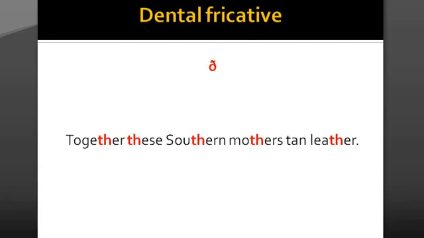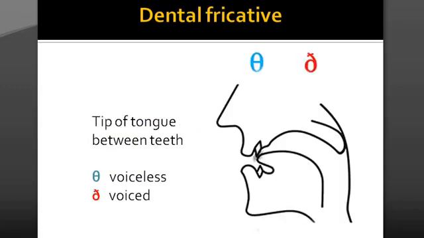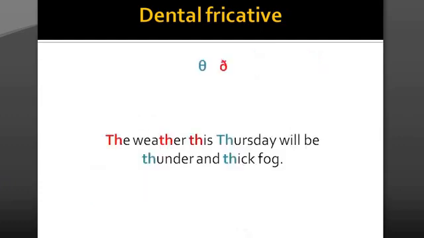Southern, southern, northern, and you can pronounce the sound that way. Okay. Two th sounds, voiceless and voiced. Can you do a sentence with both sounds? Okay? Say it with me.